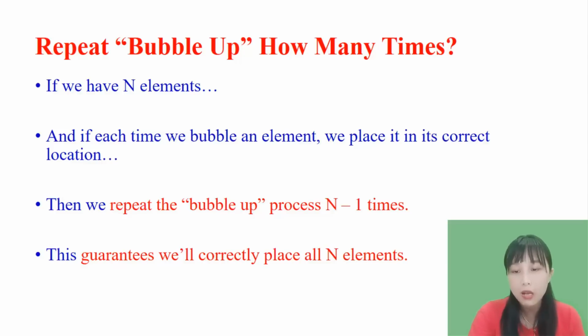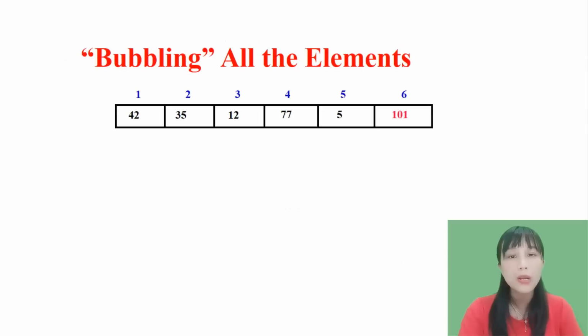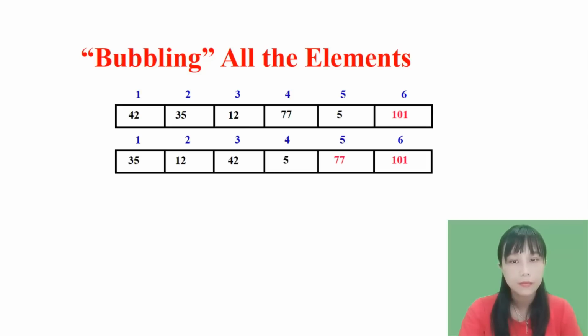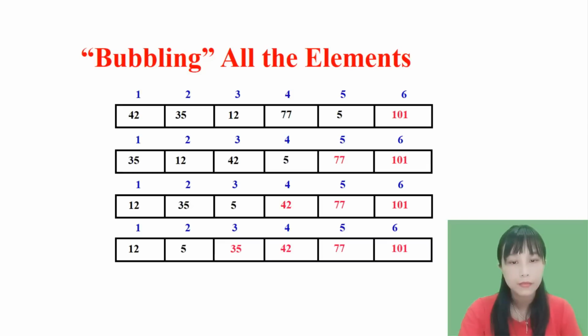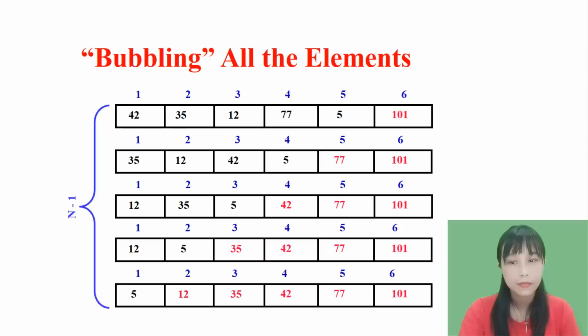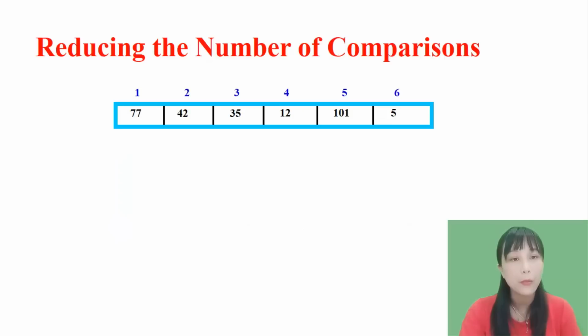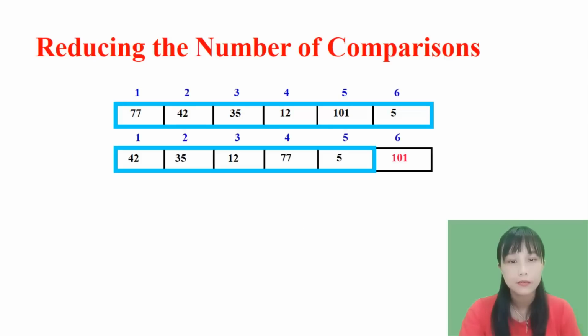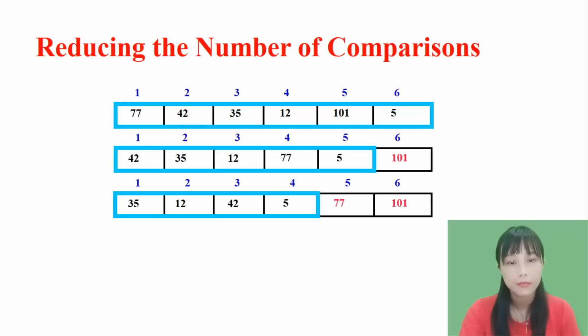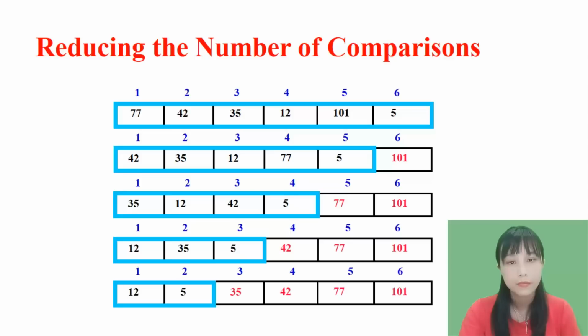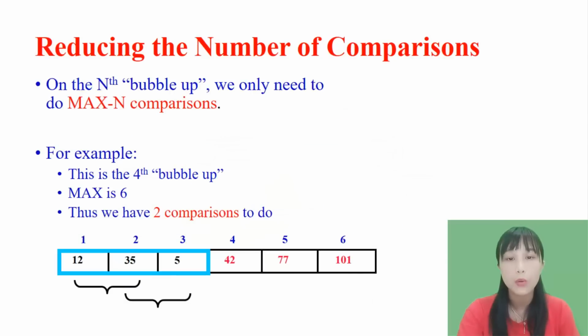This guarantees we will correctly place every element. We can also reduce the number of comparisons: on the nth bubble up, we only need to do n minus i comparisons.